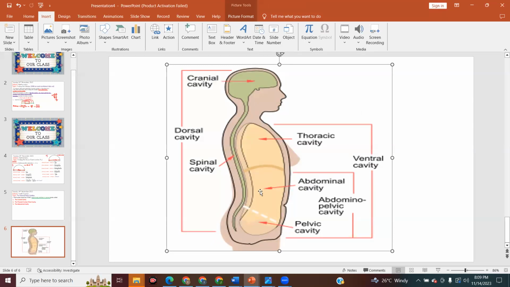And then we have the pelvic cavity, which is right there. So these are what we mean by the cavity. And by the way, let me give you a definition of cavity.